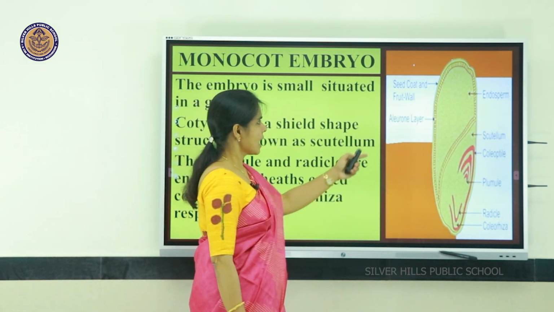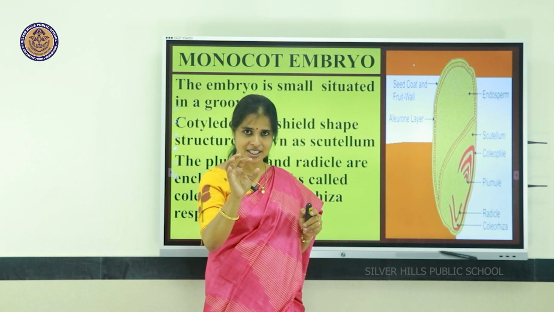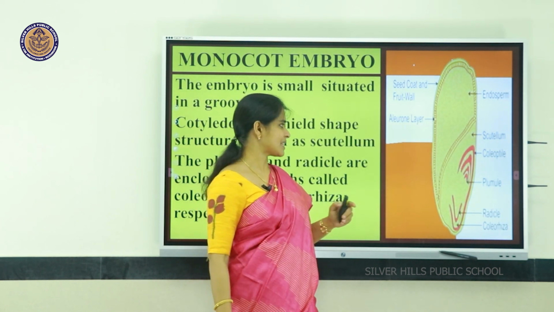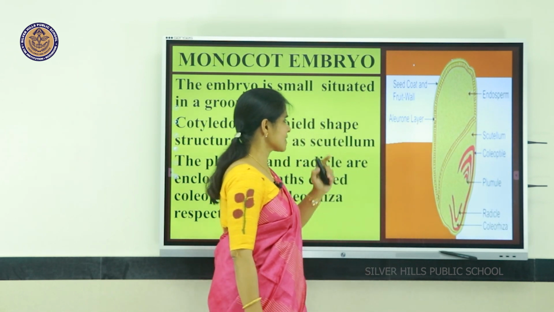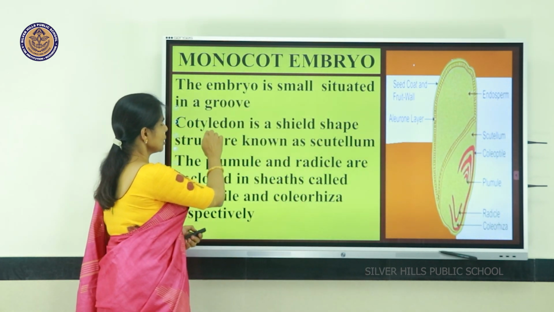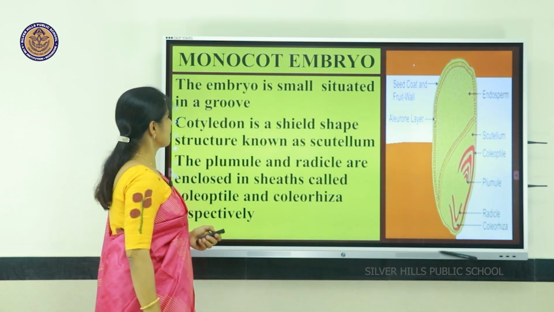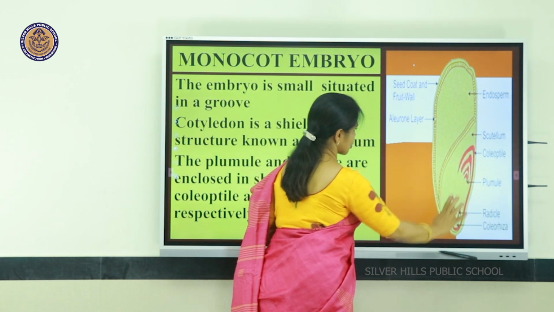You can see endosperm, the rich part of the monocot seed, which is the reserve food material helping the growing embryo. So, let us learn about the monocot embryo. The embryo is a small part situated in groove-like structures.